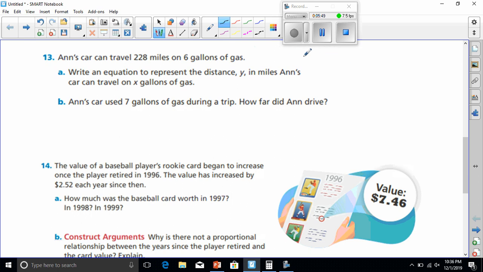So right over here, 228 is going to be equal to 6 gallons multiplied by whatever rate we're going to be using, and I guess we can call that k. And if we do that, we're going to be dividing by 6 to find out what k is. That's going to give us 38.